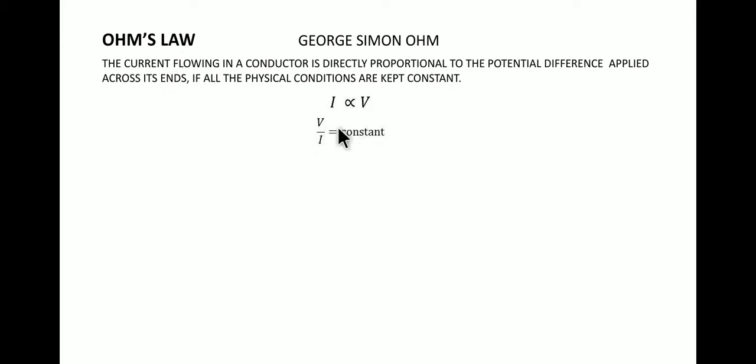So V by I will be equal to some constant, and that constant is R, the resistance. So V by I is equal to constant, that means V equals I into R, and R is the constant at that given temperature.